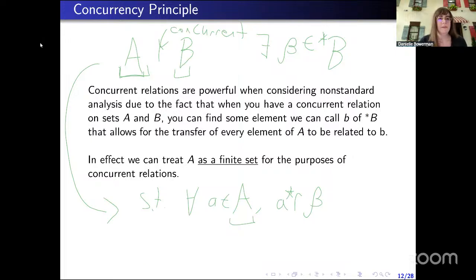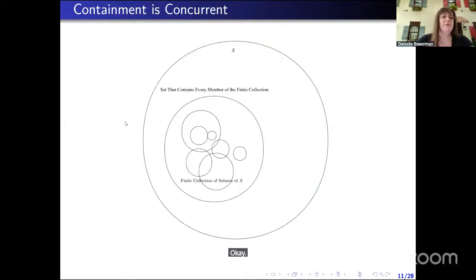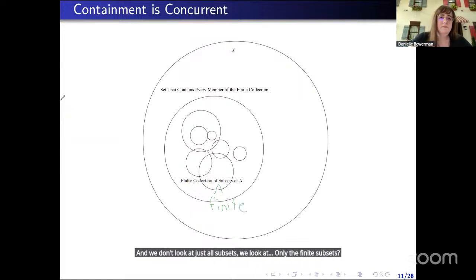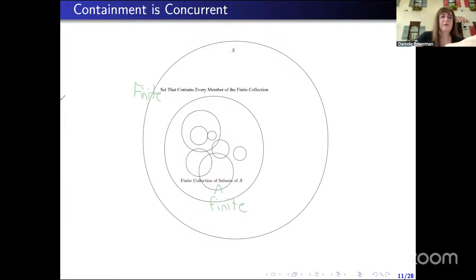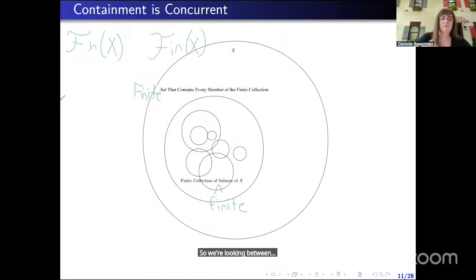Okay. So if we change this relation a little bit, and we don't look at all subsets, we look at only the finite subsets. You can agree that this is concurrent.